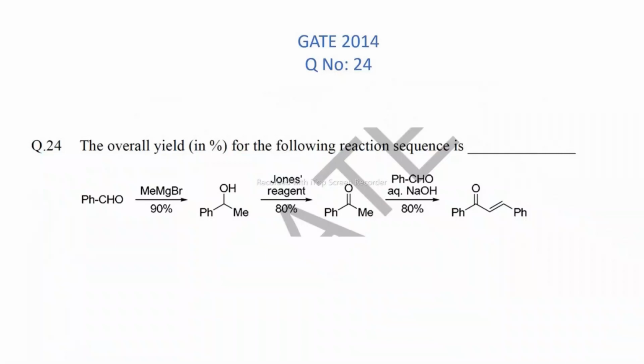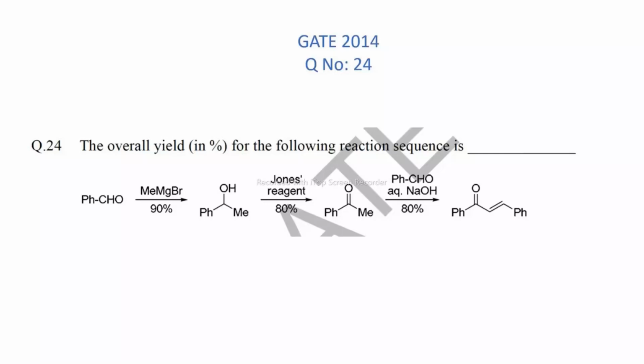Now we're going to discuss one GATE question from GATE 2014, question number 24. The overall yield in percentage for the following reaction sequence is. Here is a three-step reaction. In the first step the yield is 90%, in the second step 80%, and in the third step 80%. So we have to find the overall yield.